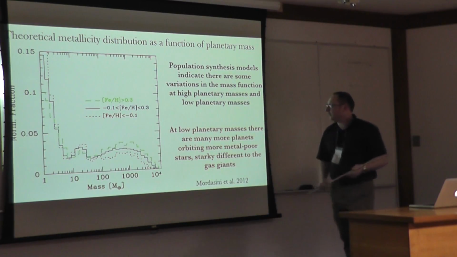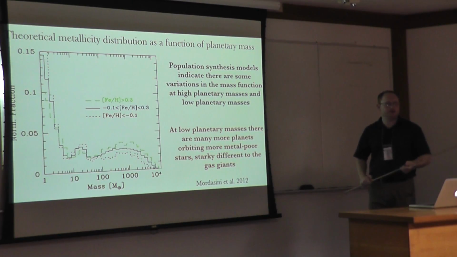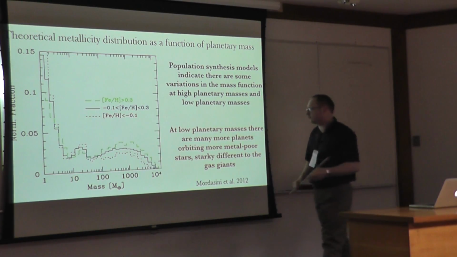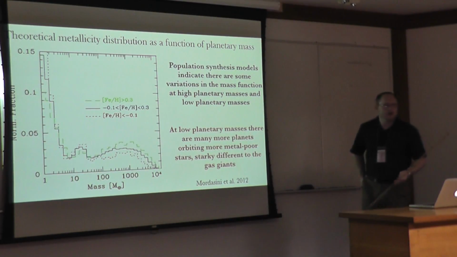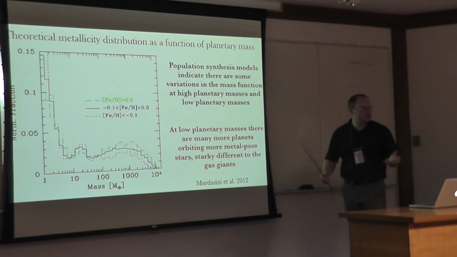But then we can come back to this mass function plot and look at the mass function as a function of metallicity from the population synthesis models. And we see again first order broad agreement with what we see observationally.